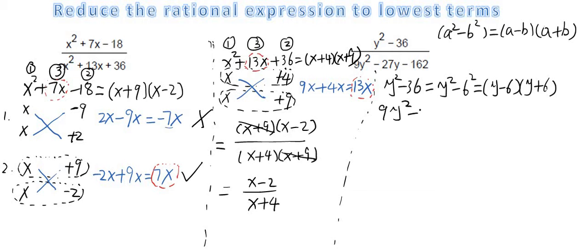We have 9y squared minus 27y minus 162. We can tell the coefficient is 9, 27 can be written as 9 times 3, and 162 we can factor as 9 times 18. 9 times 18 equals 162.